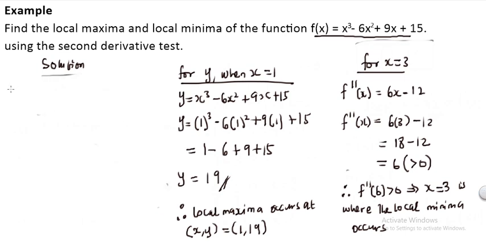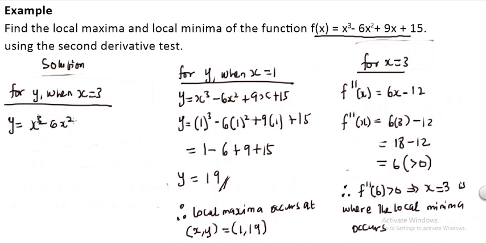So to get your y value when x equals 3, I'll simply write for y when x is equal to 3. Now it should be underlined. I'll use my original function like I did before: y equals x cubed minus 6x squared plus 9x plus 15.